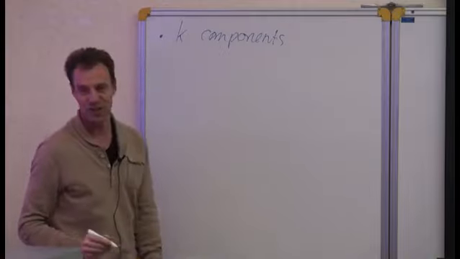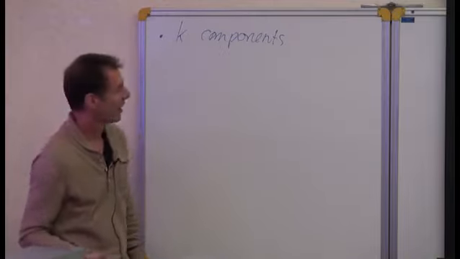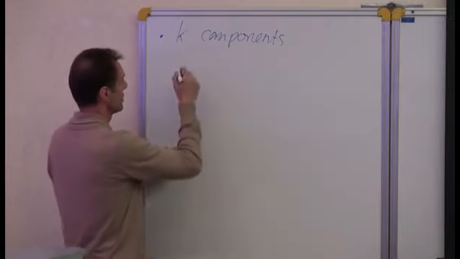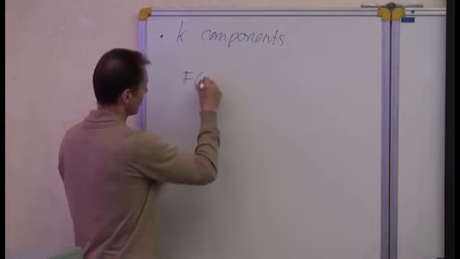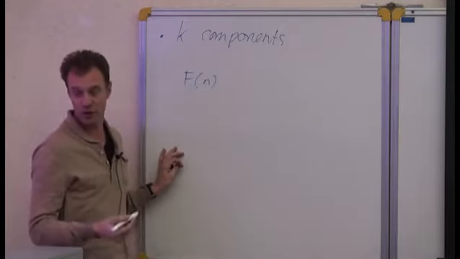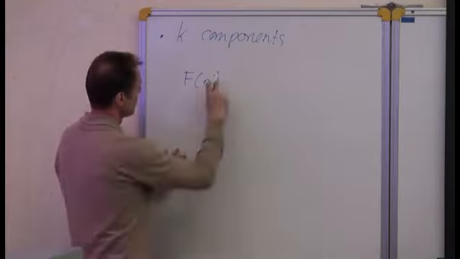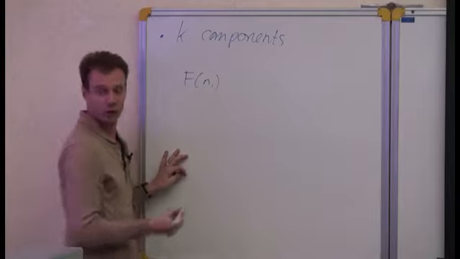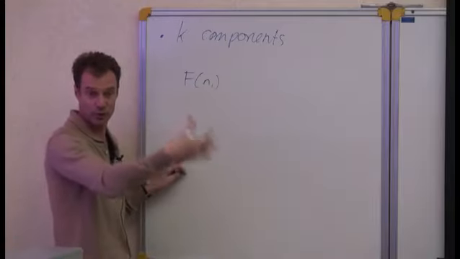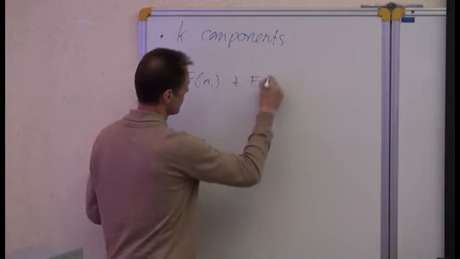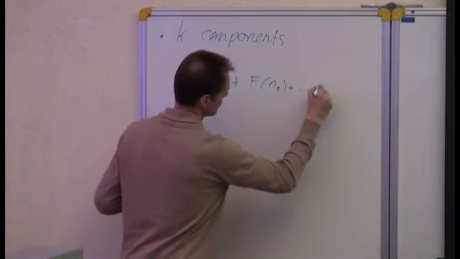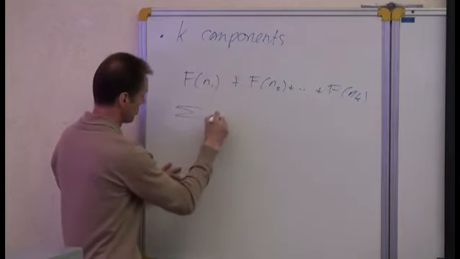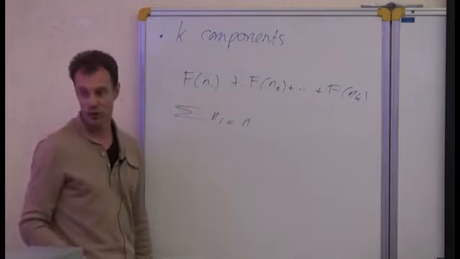Okay. So let's say I have k components. Then if I can prove a bound of, let's say, f(n) for a component, then what it means is that for the first component maybe I have f(n1), where n1 is the number of curves contributing to that component, plus f(n2) plus ... f(nk), where the sum of these ni's is at most n.